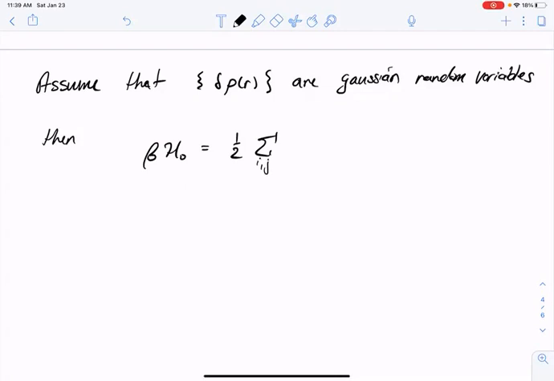So an effective Hamiltonian, an effective energy function that dictates the statistics of the density, would look like a fluctuation in cell I times a fluctuation in cell J.